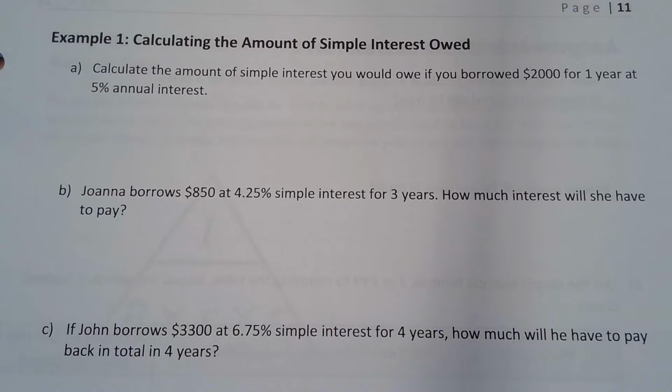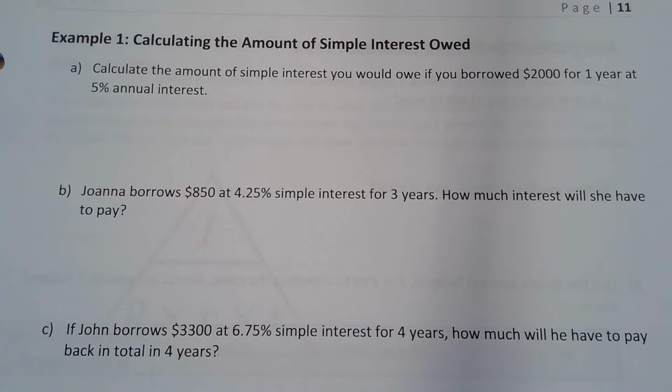Calculate the amount of simple interest that you would owe if you borrowed $2,000 for 1 year at 5% annual interest rate. Let's read it again. Can percent be the principal? No, it's the rate. That's the R.